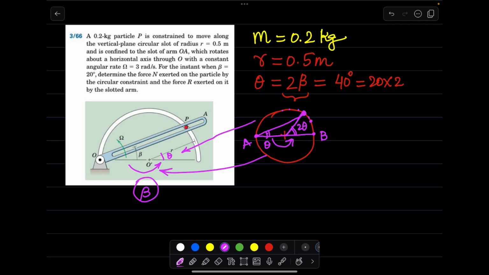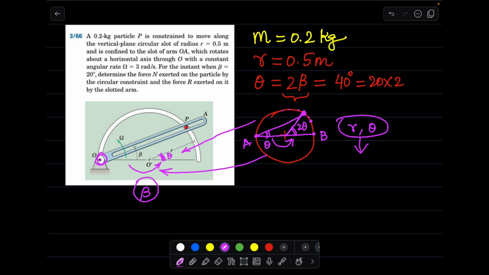Now the question is why we have calculated this theta here, and not at this point O. Very nice. We see in this problem that we have values for r and theta, so we are going to apply the r and theta concept here.